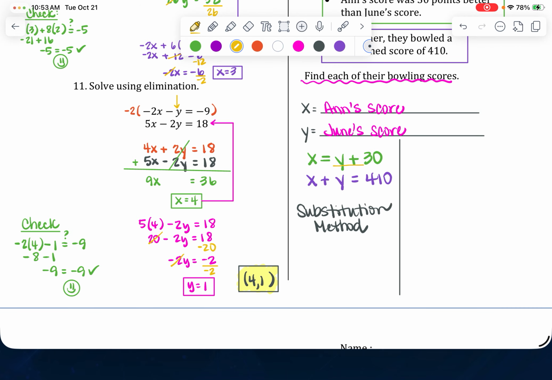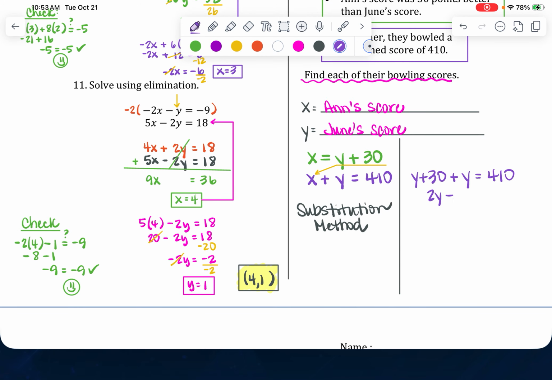So if x equals y plus 30, that means I'm going to substitute that expression in for that x. So that's going to give me y plus 30 plus y equals 410, which gives me 2y plus 30 equals 410.